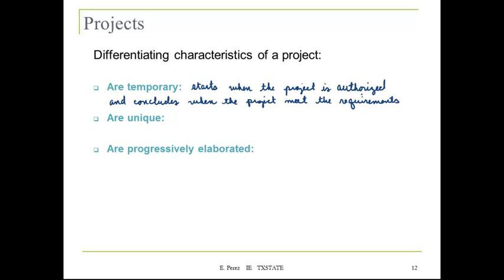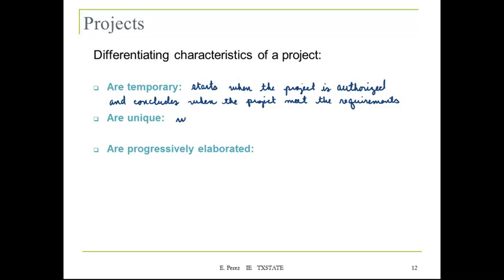So at the beginning we discussed the project is going to have some goals. These goals are going to be stated by the customer. So you need to make sure that you satisfy those requirements by the end of your project. Projects are unique.